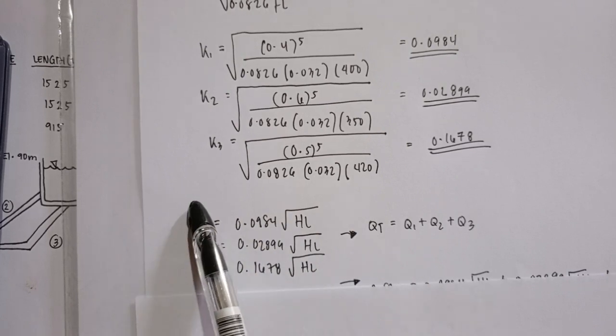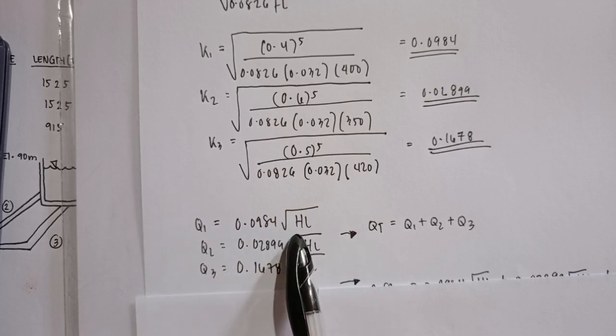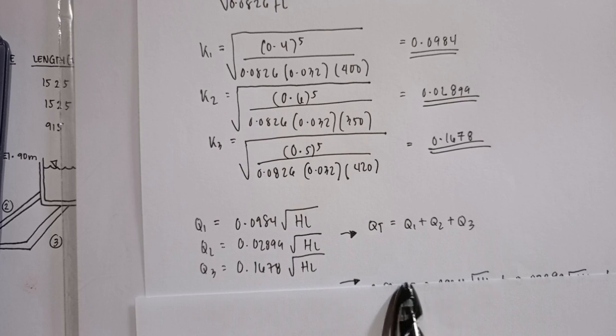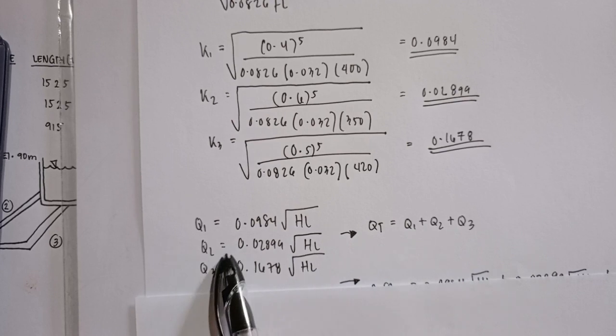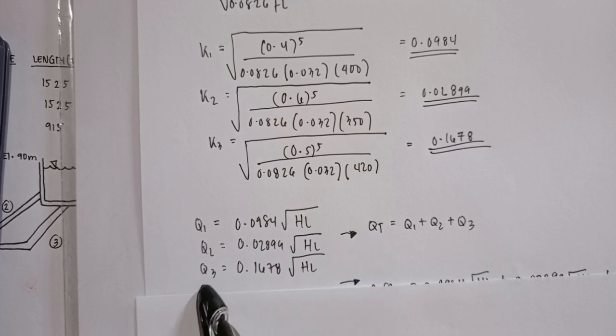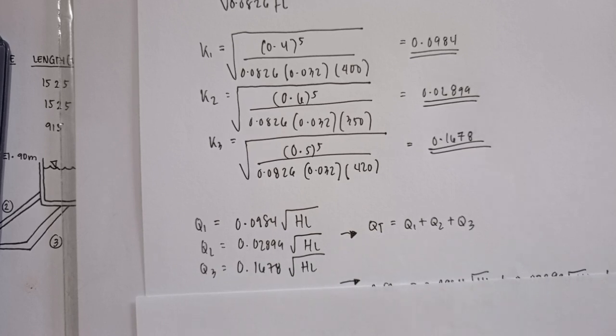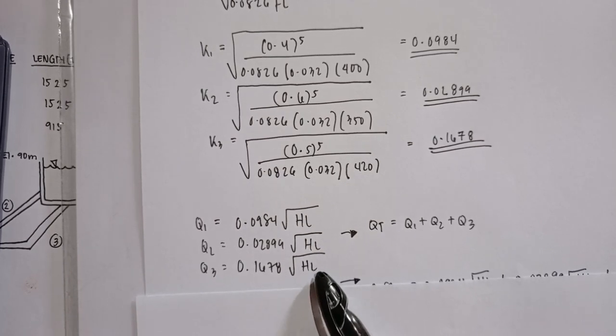Now we have our Q's 1, 2, and 3. For Q1, we have 0.0984 times the square root of HL, for Q2, we've got 0.02899 times the square root of HL, and for Q3, we've got 0.1678 times the square root of HL. So that's our value, yet we've got to find our HL.